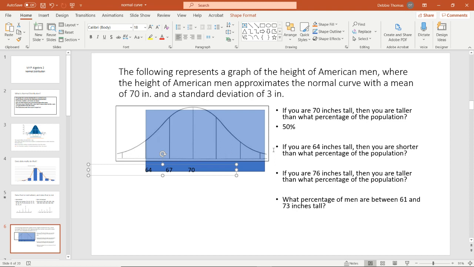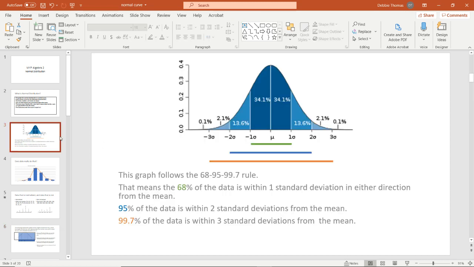So we're going to go back to my percentage slide and look at it. This is my mean, this is a -1, this is a -2. So everything to the right of -2. So I could say this plus this plus this plus this plus this plus this.